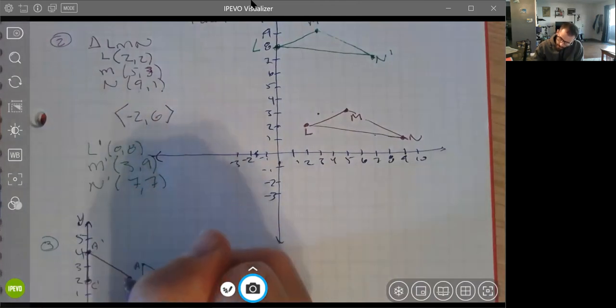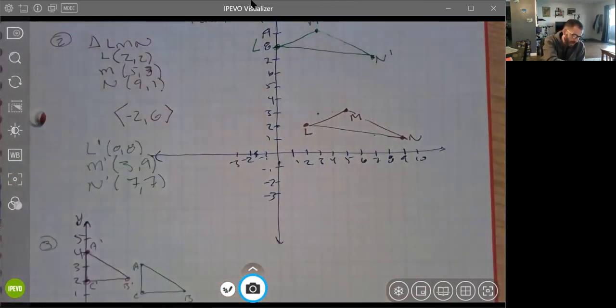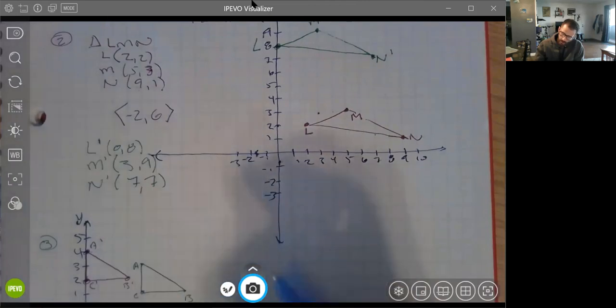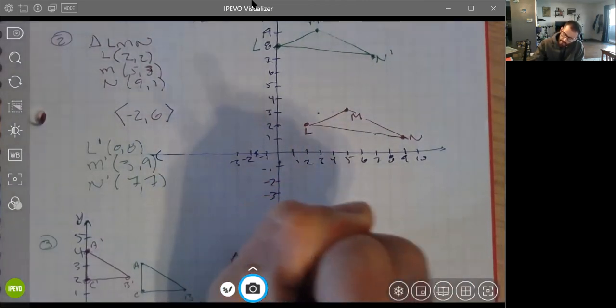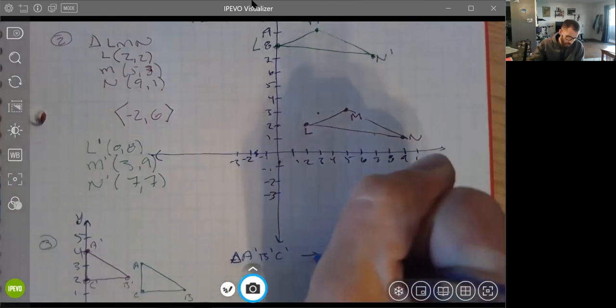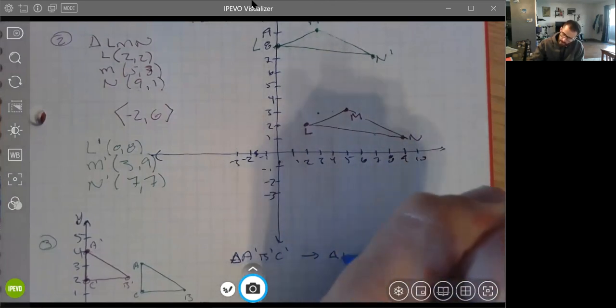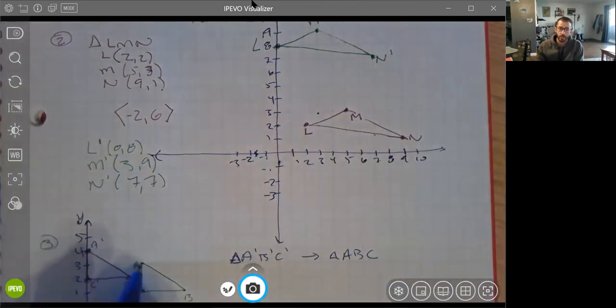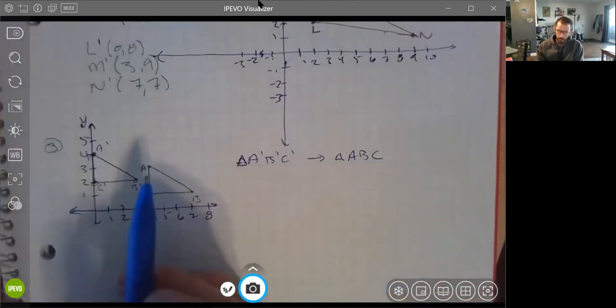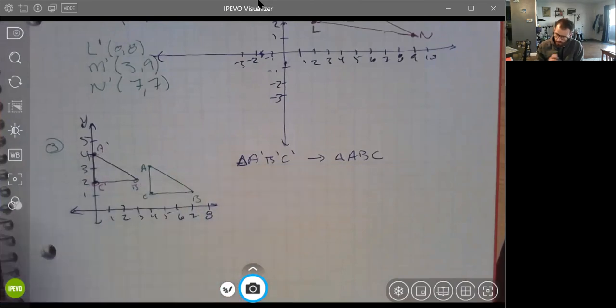Now, number 3 at the bottom of page 174 is asking us to translate triangle A prime, B prime, C prime to triangle A, B, C. So how are we going to go from here to here, and here to here?